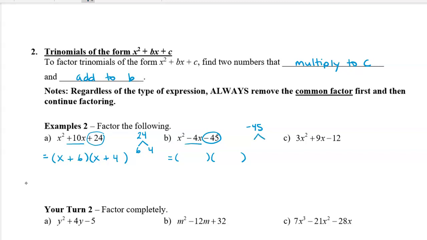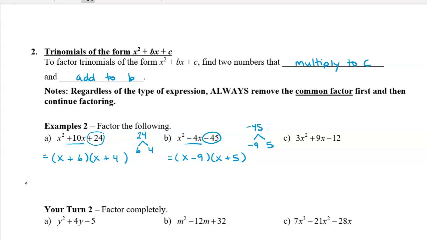Those two numbers will be negative 9 and 5, because negative 9 times 5 is negative 45, and negative 9 plus 5 is negative 4. These numbers go directly into our binomials. So we're going to have x minus 9 and x plus 5, with x at the beginning because we have an x squared.